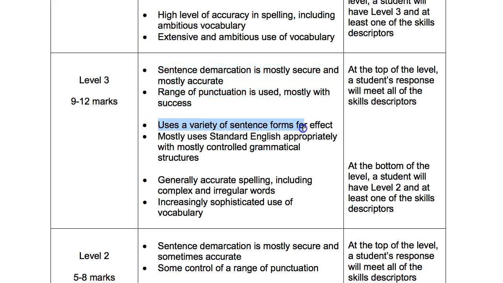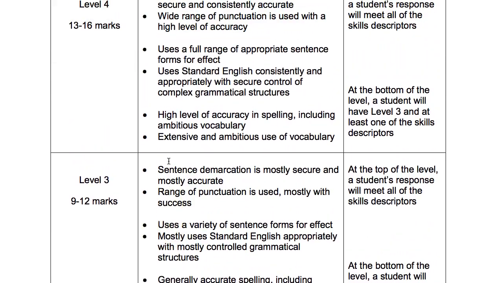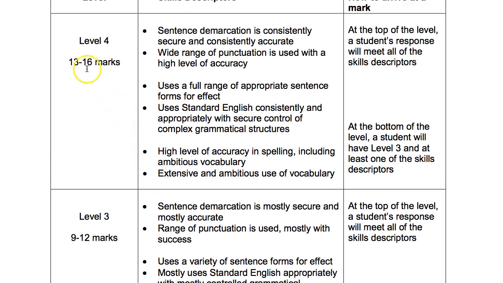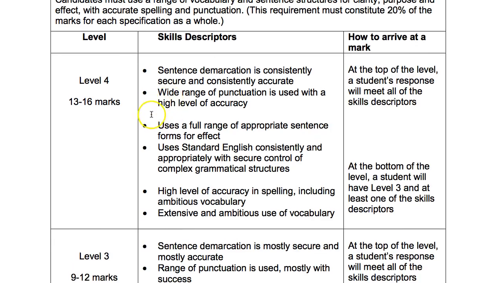He's starting to use a variety of sentence forms for effect. He mostly uses standard English, and because his spelling is pretty good, because I've made sure of that when I typed it up, I can actually move from a 12 into a 13 here. So 13 out of 16, and that's at least a 5. That's at least a 6 or a B in old money.